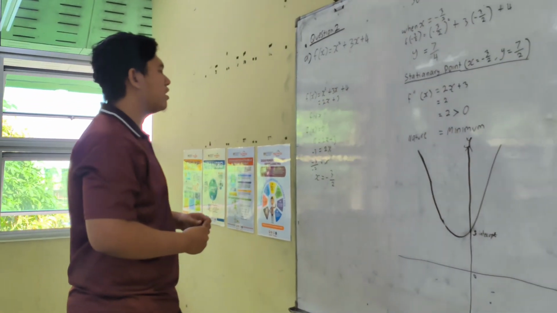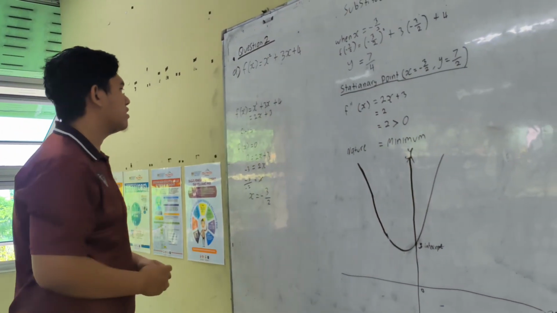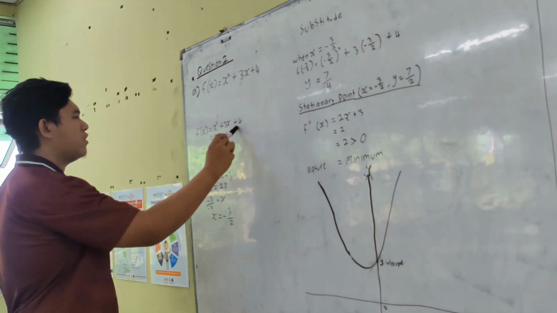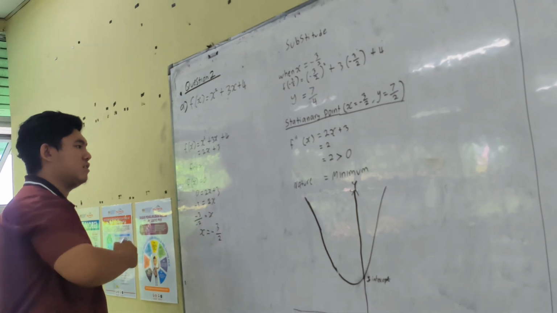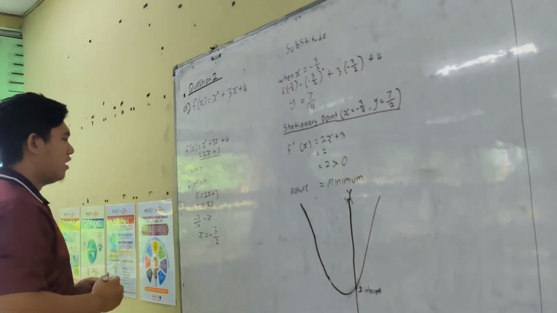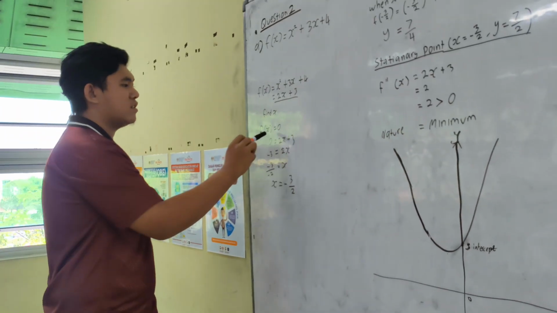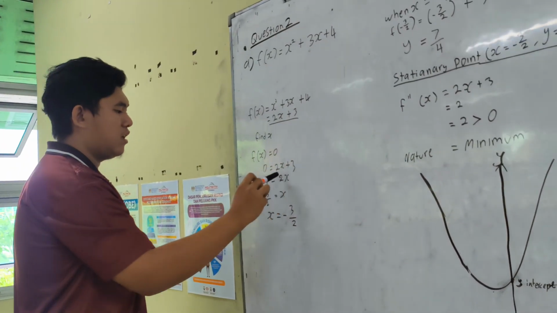The first thing we're gonna do is differentiate the equation. So f(x) equals x squared plus 3x plus 4. We differentiate it and the answer is 2x plus 3. With this answer, we're gonna find x. So f'(x) equals 0, and 0 equals 2x plus 3.